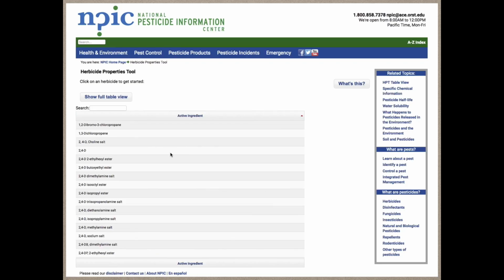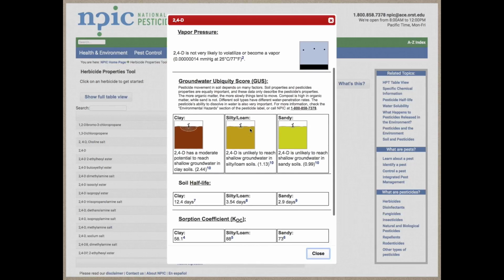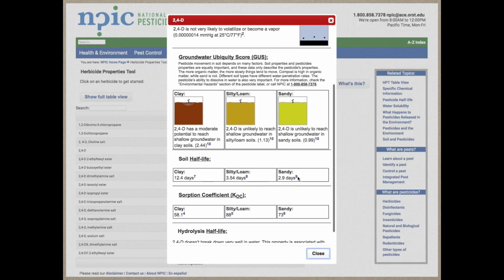Okay, we'll go over here, 2,4-D. It looks like 2,4-D has moderate water solubility, GUS value with a low movement rating at 0.99. Interesting. Let's see why that might be. It looks like the soil half-life in sandy soil, which includes sandy loam, is short, around 3 days.